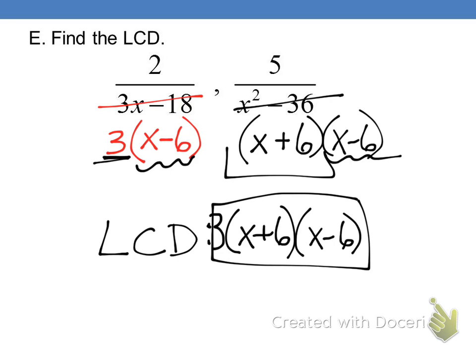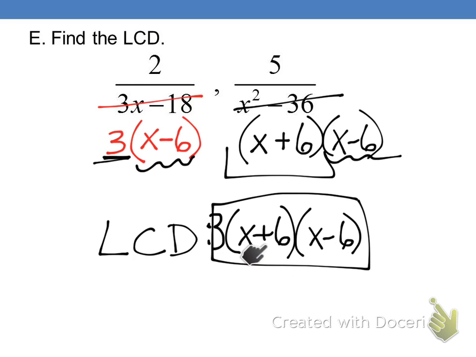Remember, eventually we'll get to the point where we're turning the denominators into the same thing. So like this guy, you would just multiply it by x plus 6 and you'd have the common denominator. This one you'd multiply by the 3 and you'd have the common denominator.